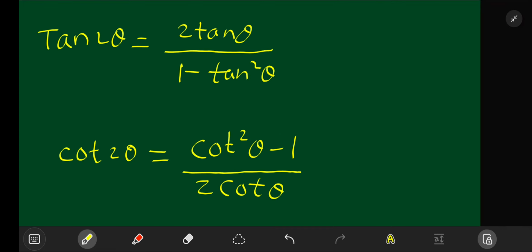Now let's do a few PYQs, so that you will get an idea of how to use these identities. The problem is like this: sin square 25 degrees plus sin square 65 degrees. What is the value?